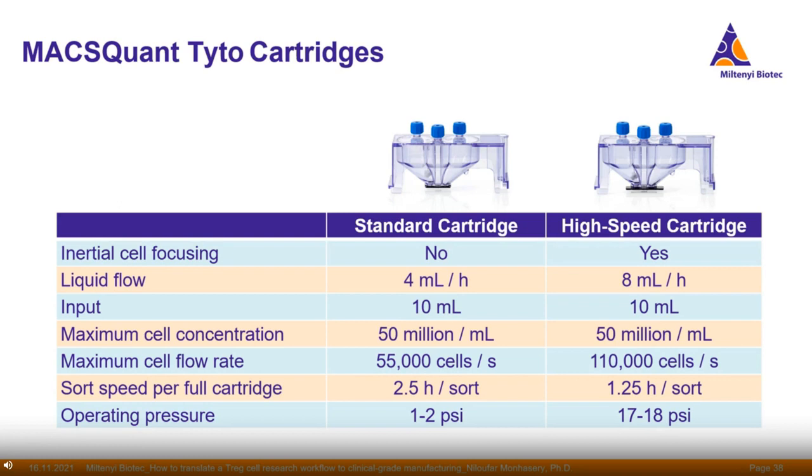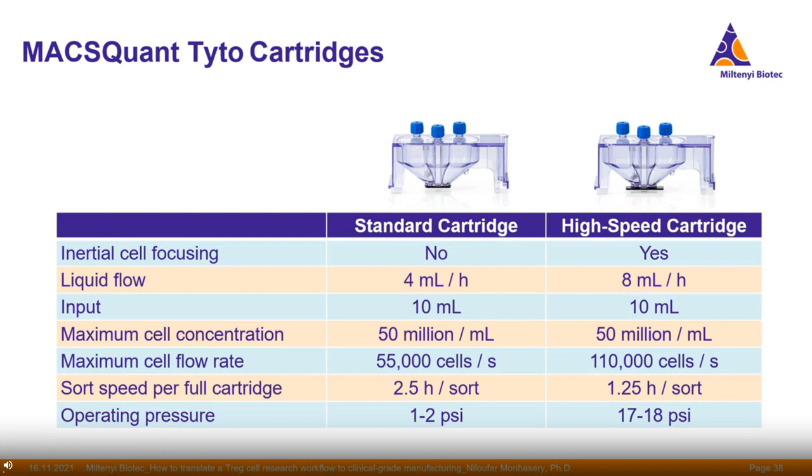But what is different is the maximum cell flow rate: in the standard cartridges you can analyze 55,000 cells per second, whereas in high speed cartridges you can analyze 110,000 cells per second. And as you can see here, you can really save time in this way.